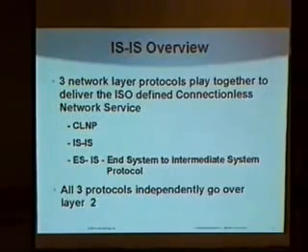One of them is CLNP, which is the equivalent of IP, and then there's ISIS, which we are going to be talking about. And then there's another protocol called ESIS, which is End System to Intermediate System Routing Protocol. And that's for communication between workstations or end systems and the routers. We wouldn't really talk much about that because I guess the interest here is to understand how ISIS works on routers and in IP networks.